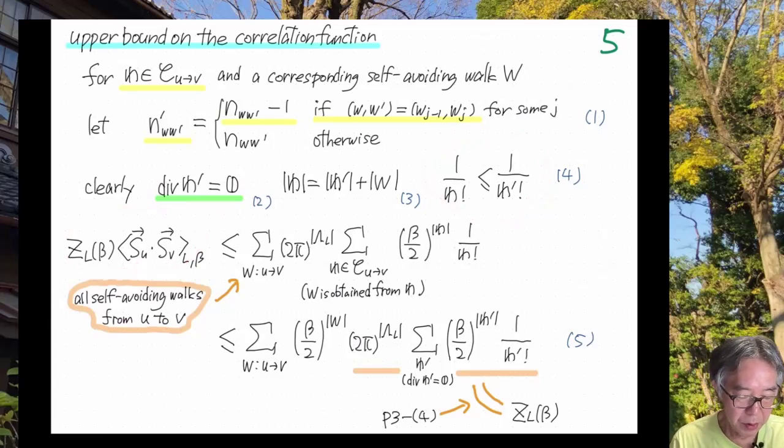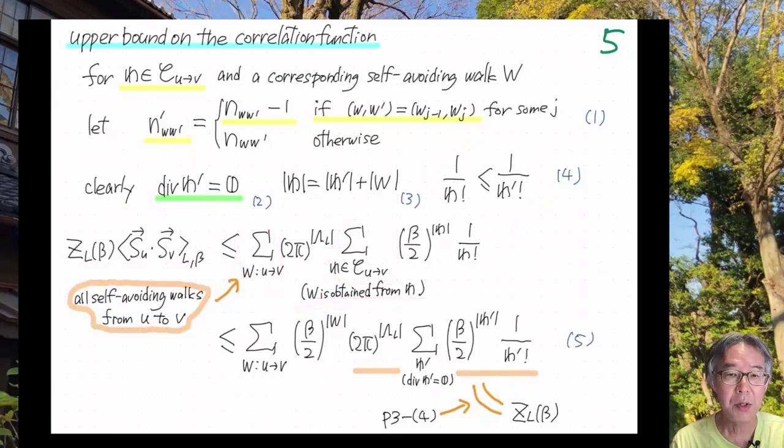Okay, so in order to upper bound this, I first sum over all self-avoiding walks from U to V. And then I sum over all n by the condition that W is obtained from n.